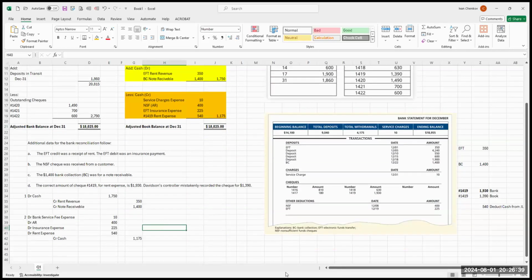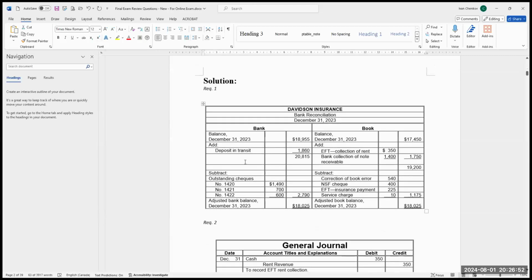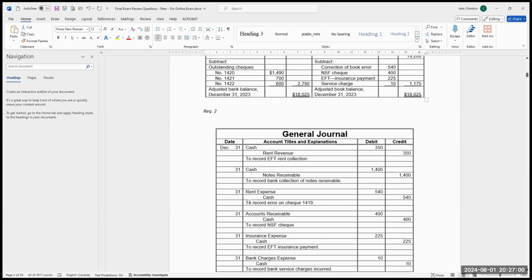Now let's look at the second question and see what we have to do with it. This is the solution that we have already posted. As you can see, all the things that we talked about are already shown here and the journal entries are shown.